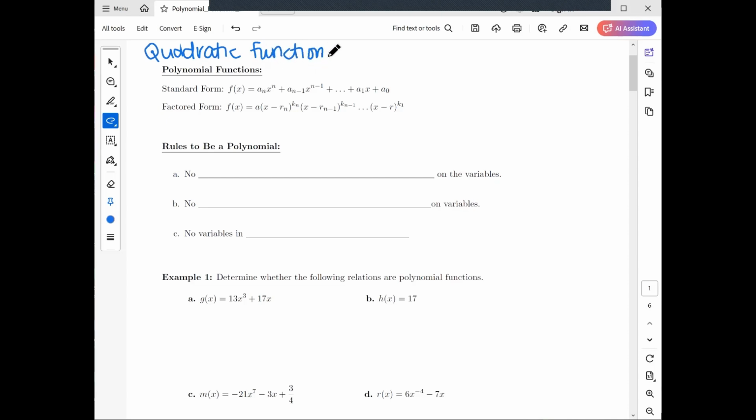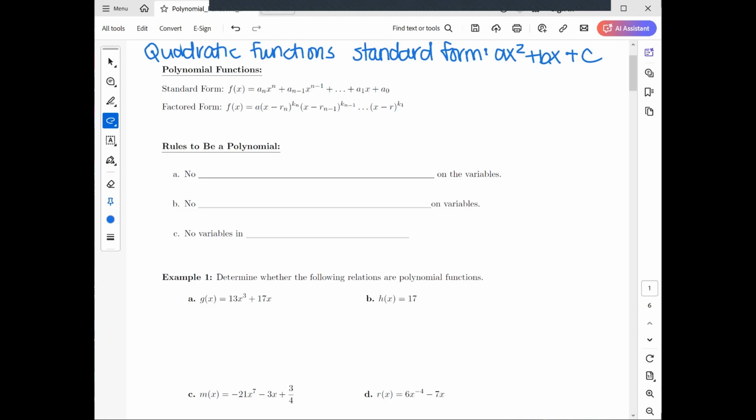Remember, with our quadratic functions, we had standard form, which was ax squared plus bx plus c.